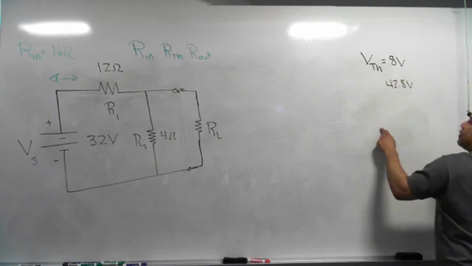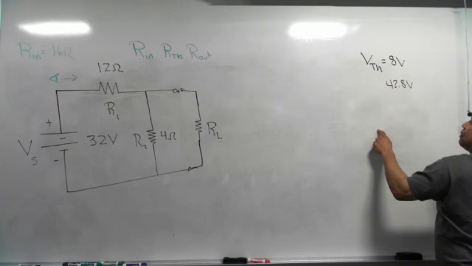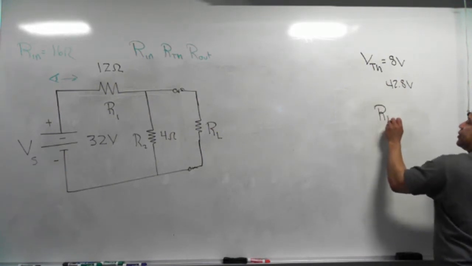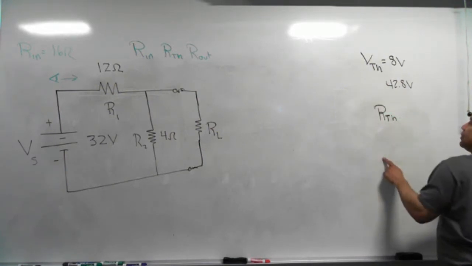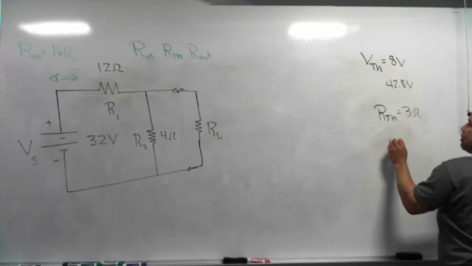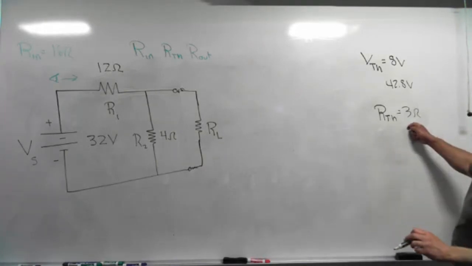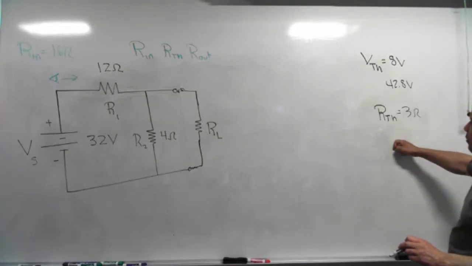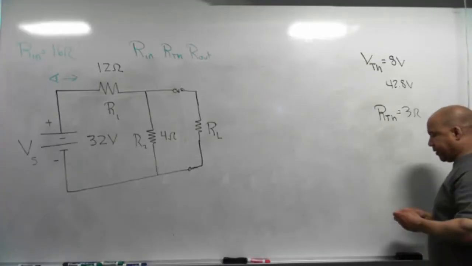Anybody get something different? What about RTH? RTH, I got 3 ohms. 3 ohms. Anybody get something different? Everybody got 3, or somebody get something different? Yeah, I got 3.